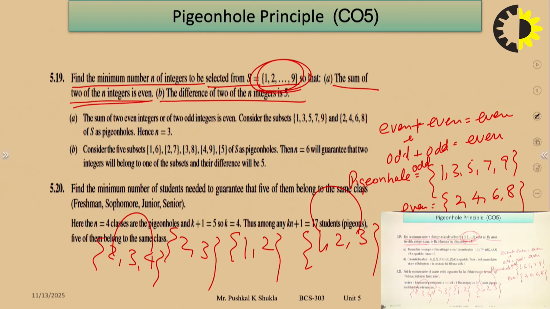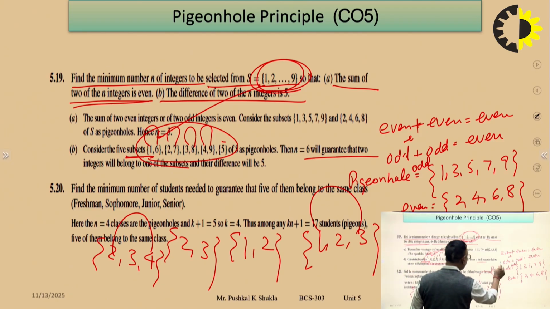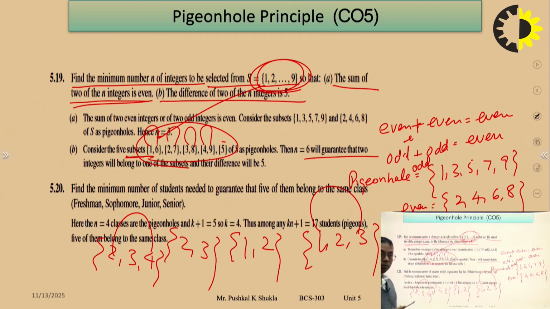Part B: the difference of 2 of the n integers is 5. Again we consider subsets as pigeonholes where the difference is 5. We take 1 and 6, 2 and 7, 3 and 8, 4 and 9, and 5. So 5 subsets are there, treated as pigeonholes. Then 6 numbers give one more pigeon.